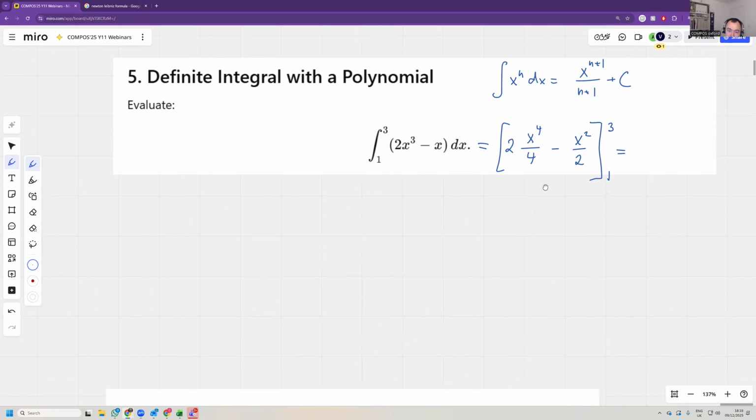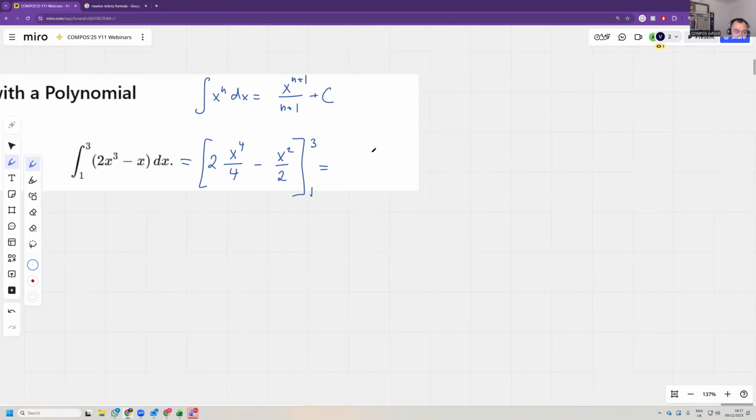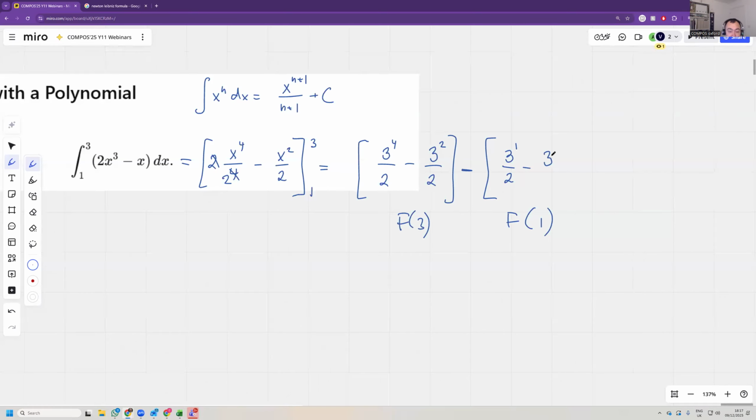And then what you do is you substitute 3. So 2 and 4 simplifies to 2. So there's going to be 3 to the power 4 over 2 minus 3 to the power 2 over 2, minus, and you subtract. So this is F of 3 minus F of 1.